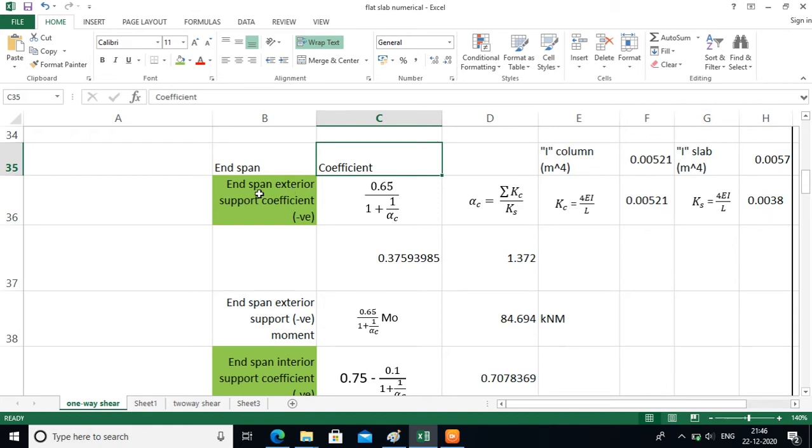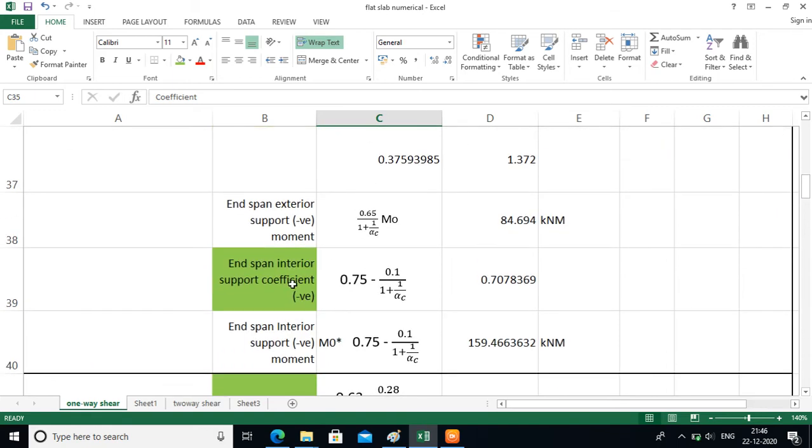The coefficient for the end span exterior support is 0.65 divided by 1 plus 1 divided by alpha c. The end span interior support coefficient is 0.75 minus 0.1 divided by 1 plus 1 upon alpha c.